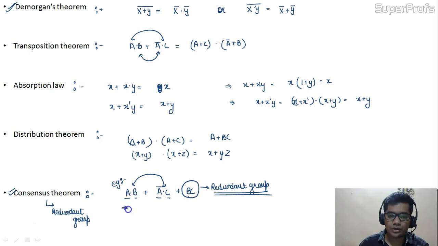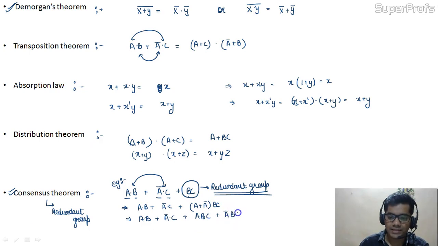So how are we going to prove this? You can prove it very simply. It is a dot b plus a bar dot c plus a plus a bar bc. Now we expand a dot b, because a plus a bar is equal to 1, so we can write it like this: a dot b plus a bar dot c plus abc plus a bar bc.